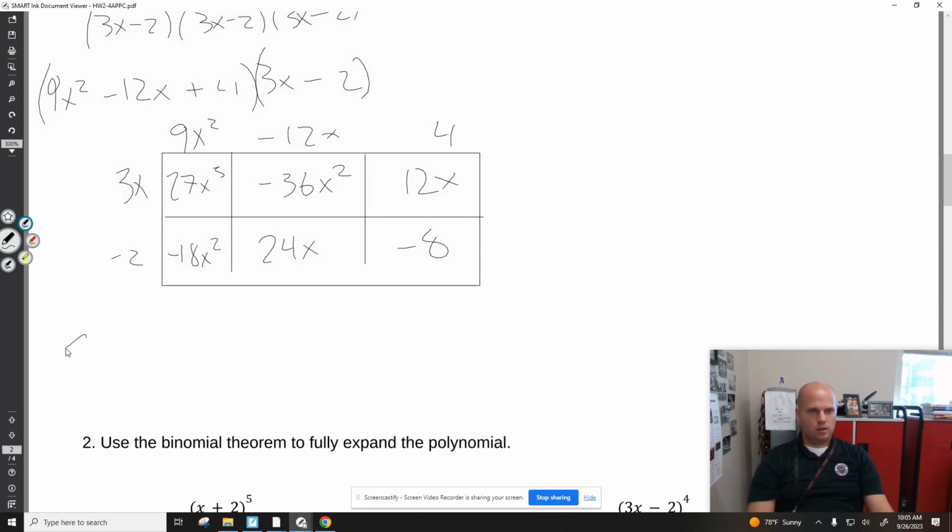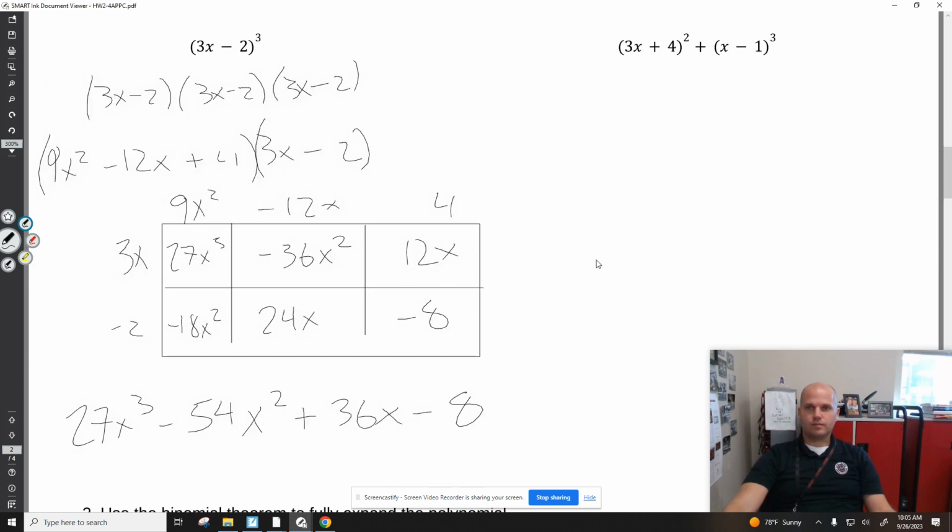Add them together. 27x cubed, 54x squared, 36x's, negative 8. Nine x squared, I'll have 12x's and another 12x's, which is 24x's, 16.